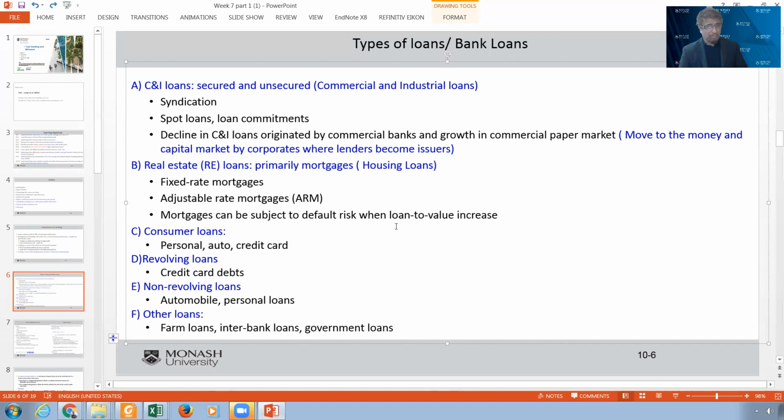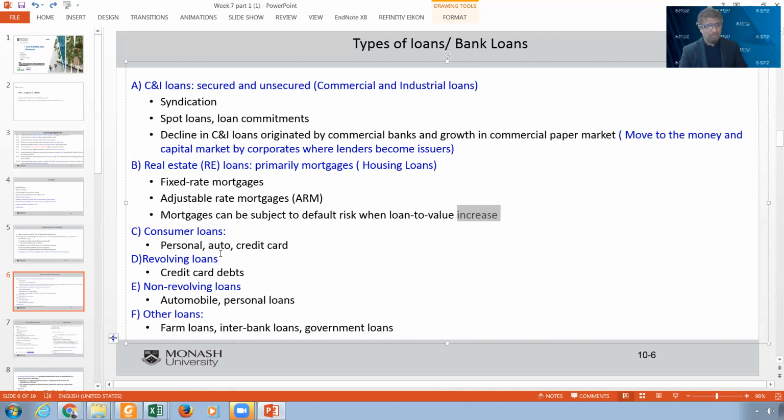But if you give 1 million of the loan, which is 100% or 95% of it, then that will increase your defaulting. So the less the loan to value, the less the risk. If you give a loan for a house of 1 million and you give 50%, your credit risk will be less.